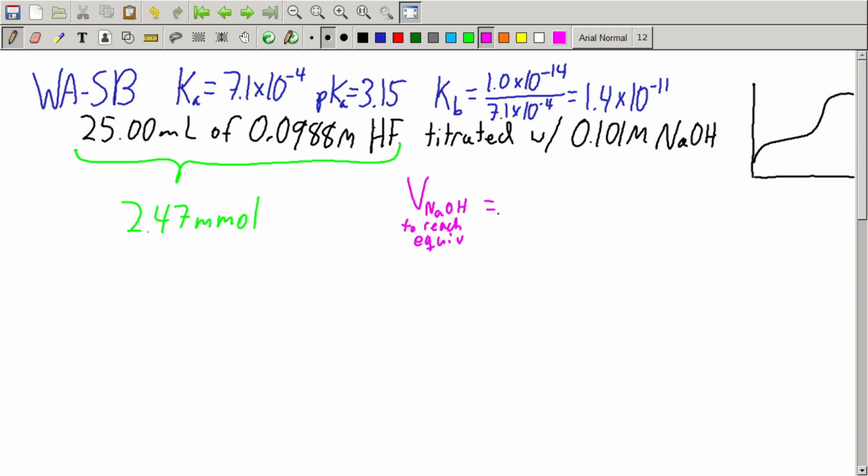And so we know, based on this, we need 2.47 millimoles of NaOH. And we also know that the molarity of the NaOH solution is 0.101 molar. So what do we get?